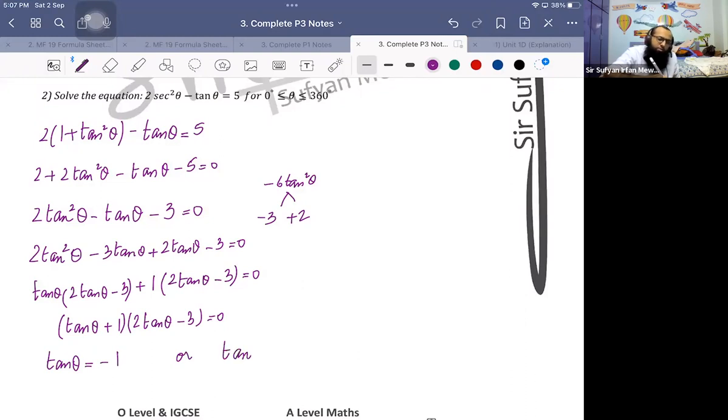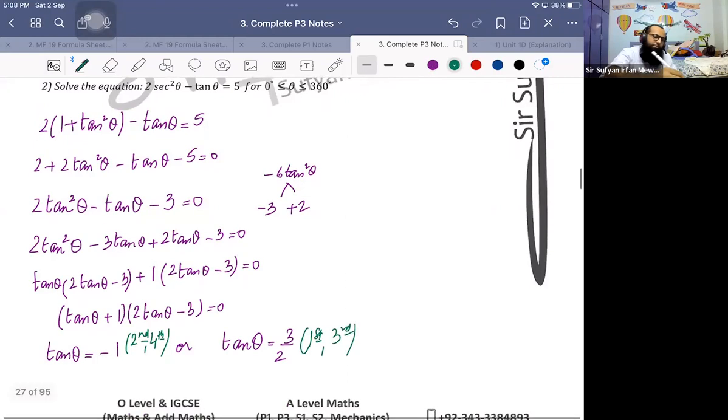Tan theta plus 1 equals 0, so tan theta equals negative 1, or 2 tan theta minus 3 equals 0, so tan theta equals 3 over 2. Then we identify the quadrants. Tan is positive in first and third, and negative in second and fourth.